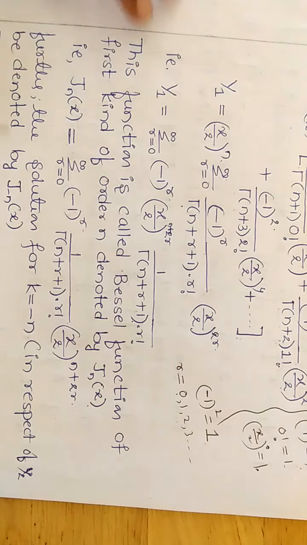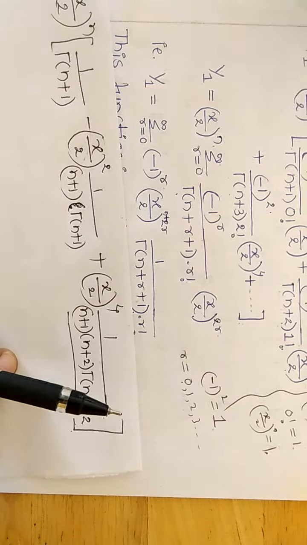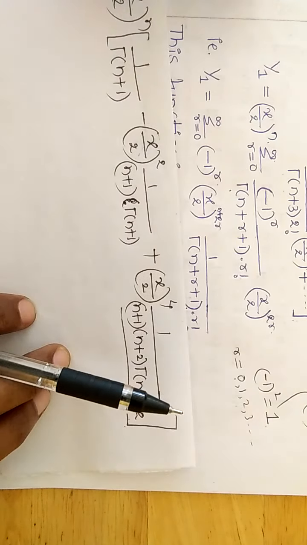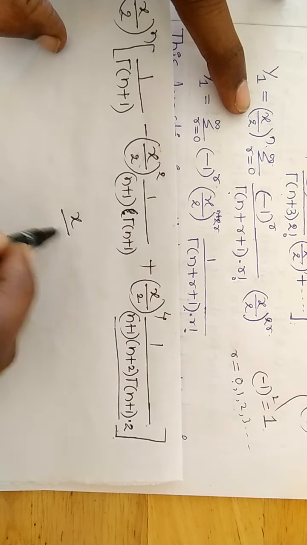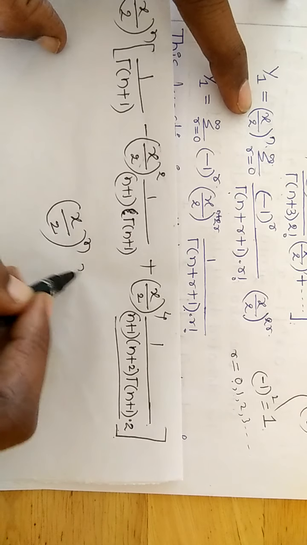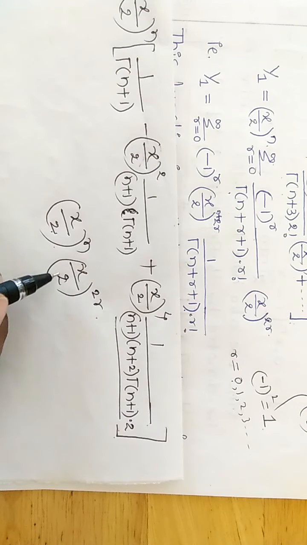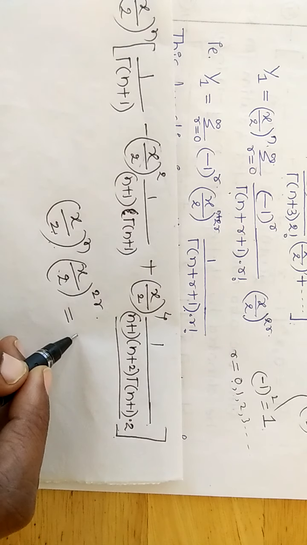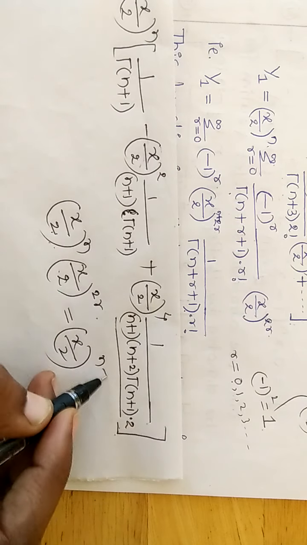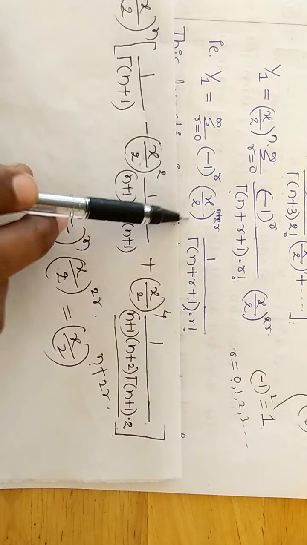n plus 2r. See here, x divided by 2 to the power n into x divided by 2 to the power 2r: the bases are the same, so add the powers, x by 2 to the power n plus 2r. Same result.